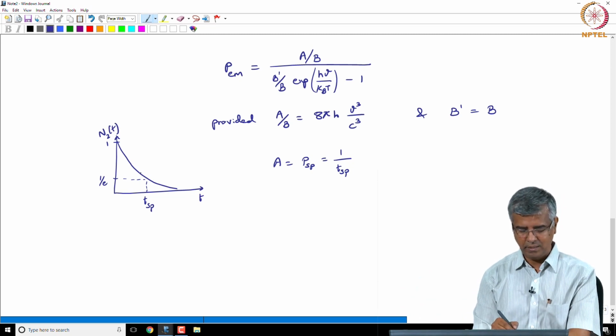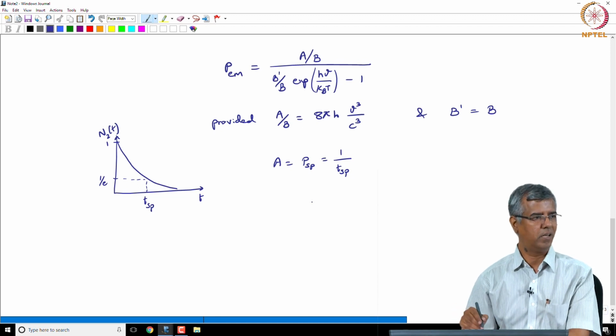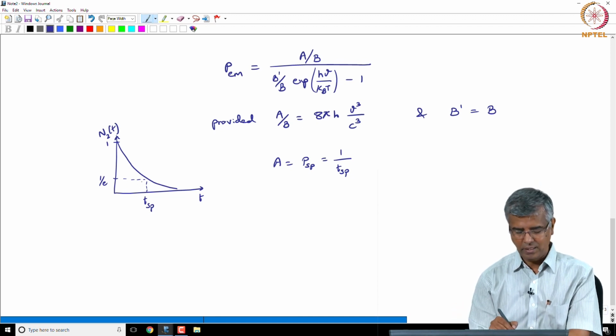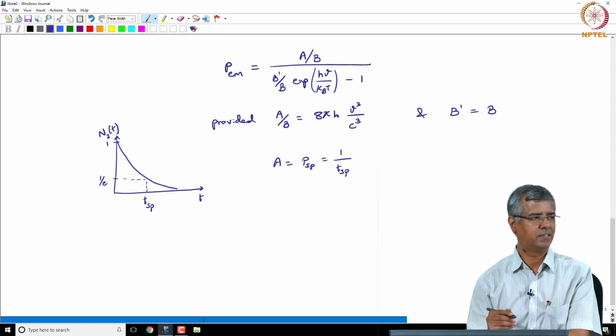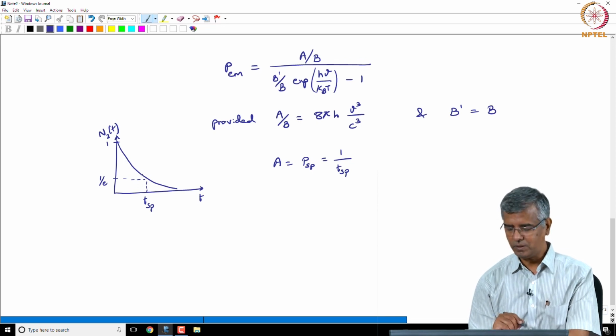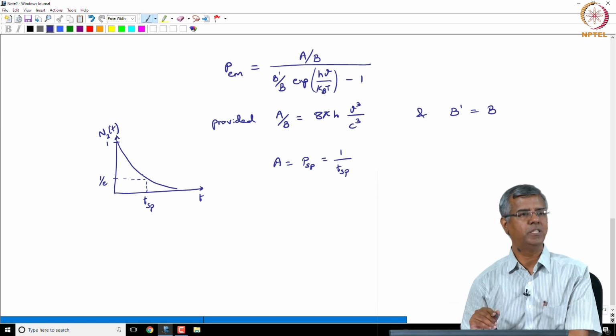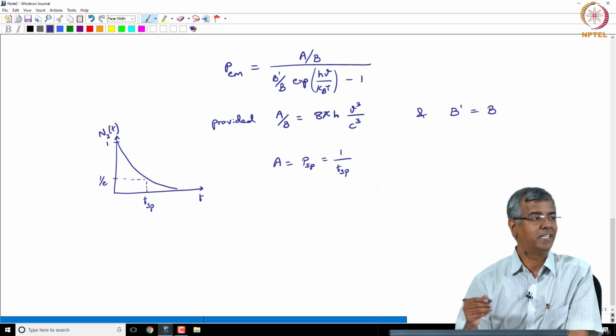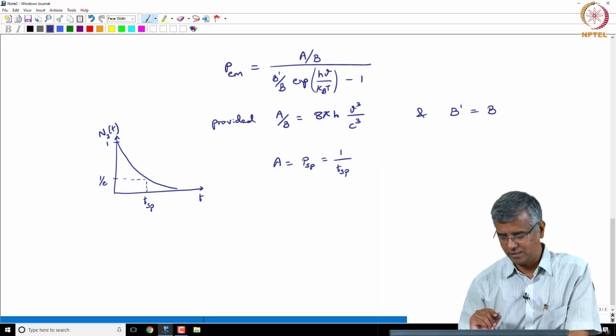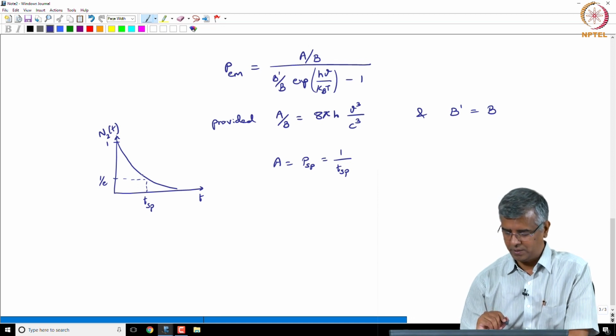If N2 is reducing as a function of time, that means the spontaneous emission is happening all along. It's just that where it goes to 1 over e, that's what we characterize as the spontaneous lifetime. So, it gives you some idea as to the time scale over which most of the emission happens, but it is not like a deterministic delay that some people may think of.